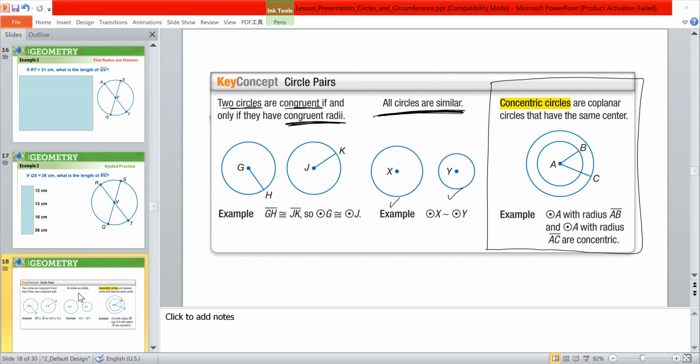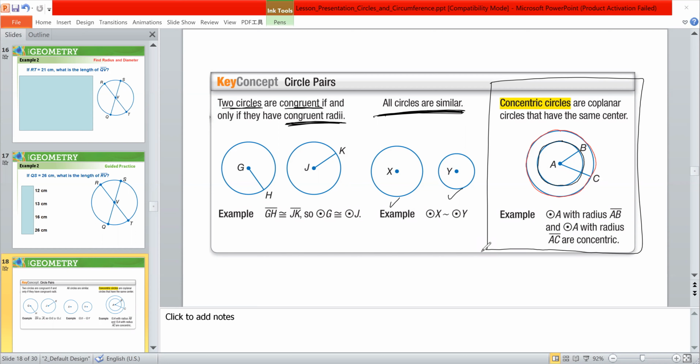Again, this is the small circle, its center is A. And the big circle, its center is A also. So these two circles are called concentric circles.